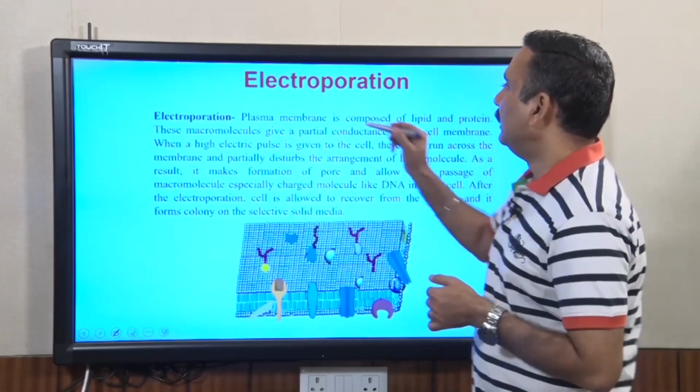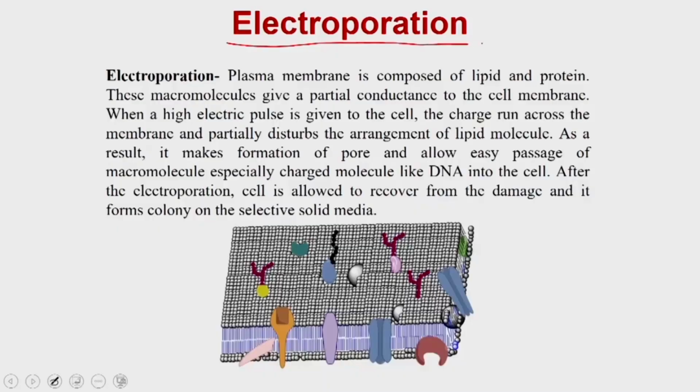So, apart from the transformation by the chemical method, you can also use electroporation. Electroporation is a simple method. The plasma membrane is composed of lipids and proteins, and these macromolecules give charge to the cell membrane.